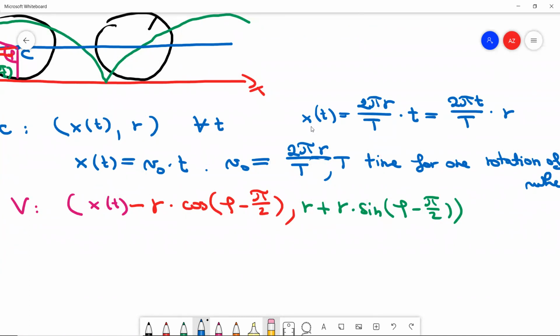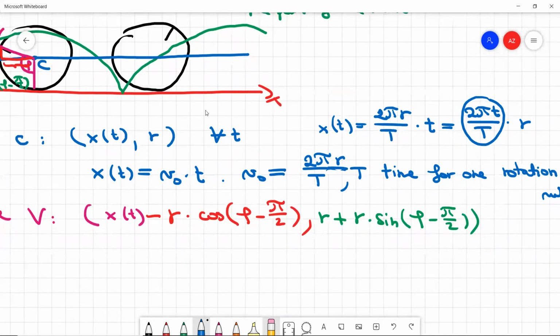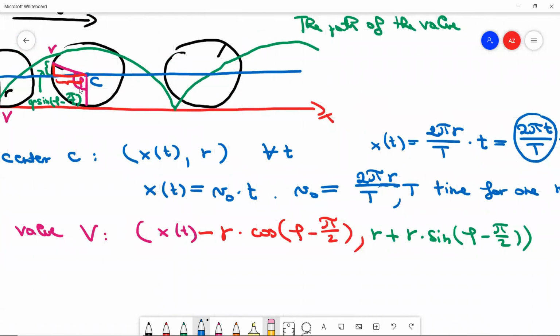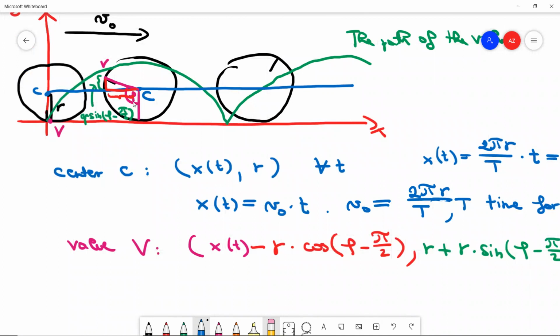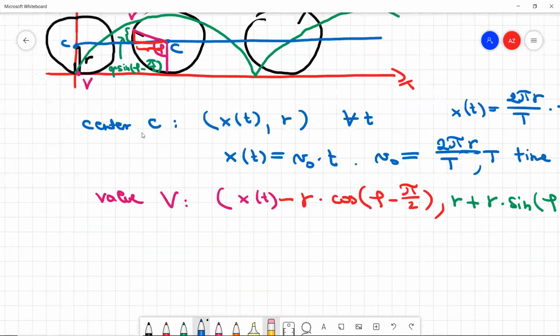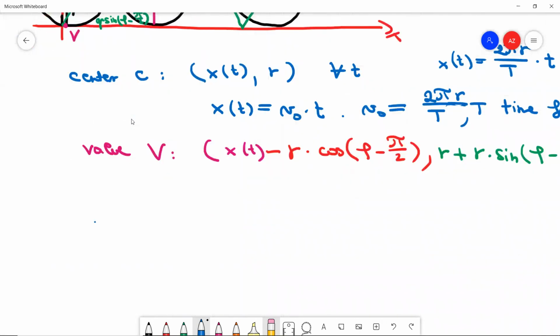And what is this 2 pi t over capital T? Let's look at this angle phi.